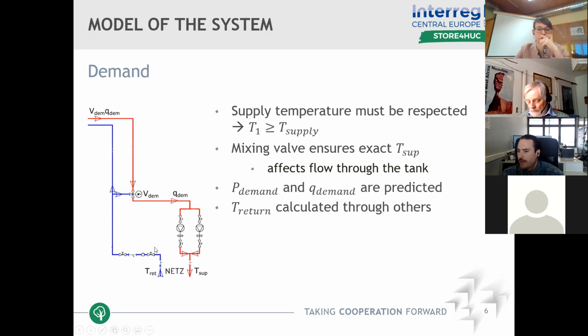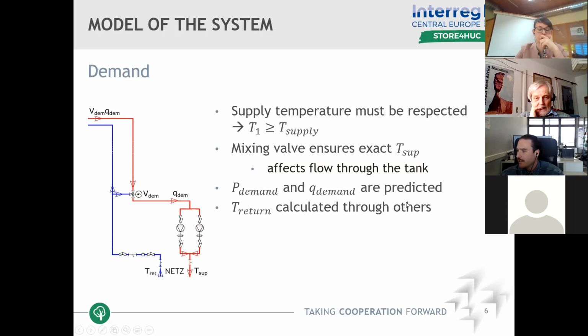Also, we have here this mixing valve that ensures that this supply temperature is exactly as it should be. So the hotter the first layer is, this valve will open more for this return loop and less for the direct flow from the tank.